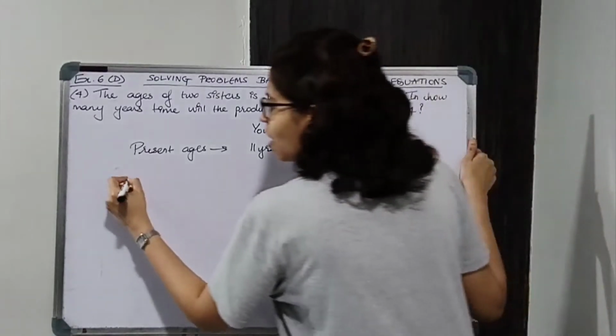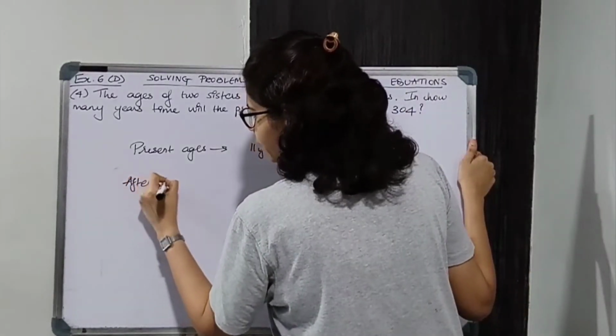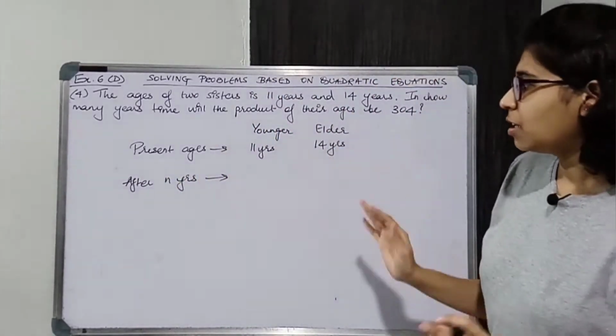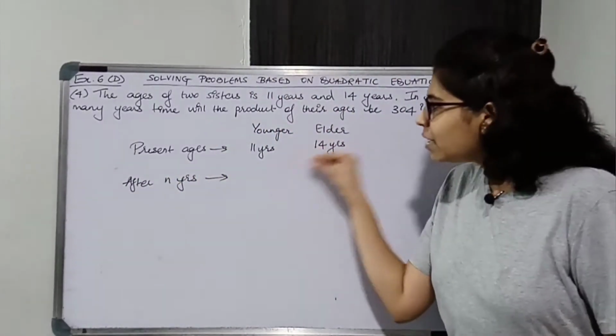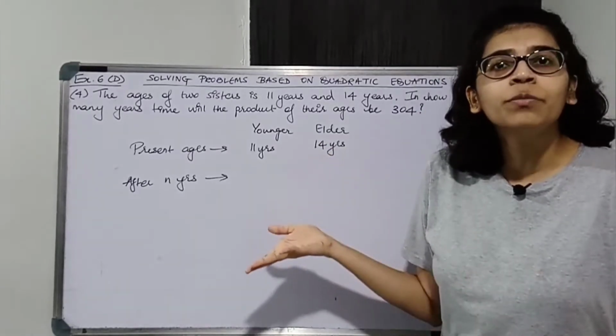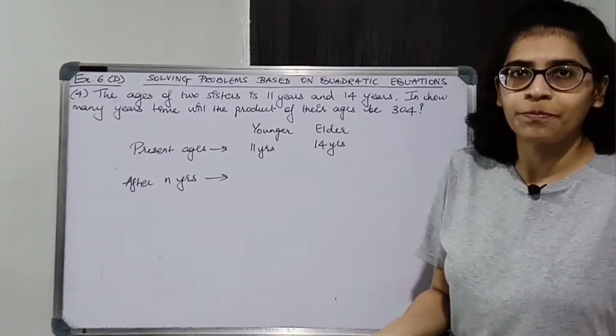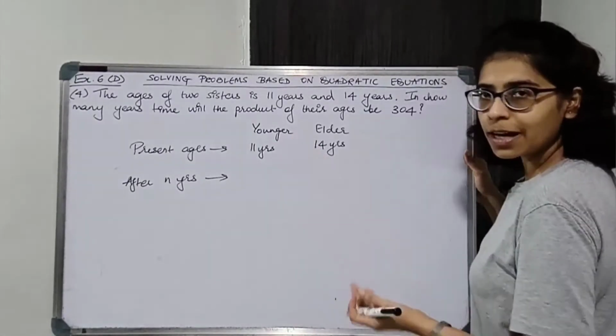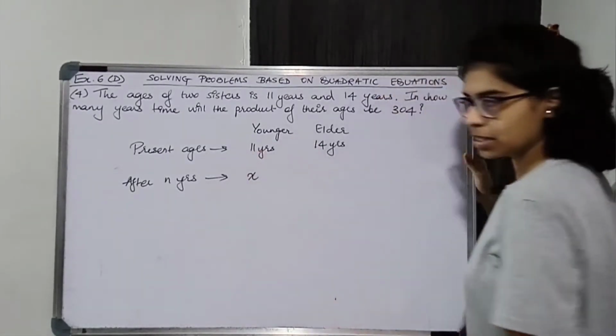So let's say after n years. Okay, after n years. Now, what will be their ages? We don't know, because after how many years we don't know. So, let's say that the age of the younger sister after n years is x.